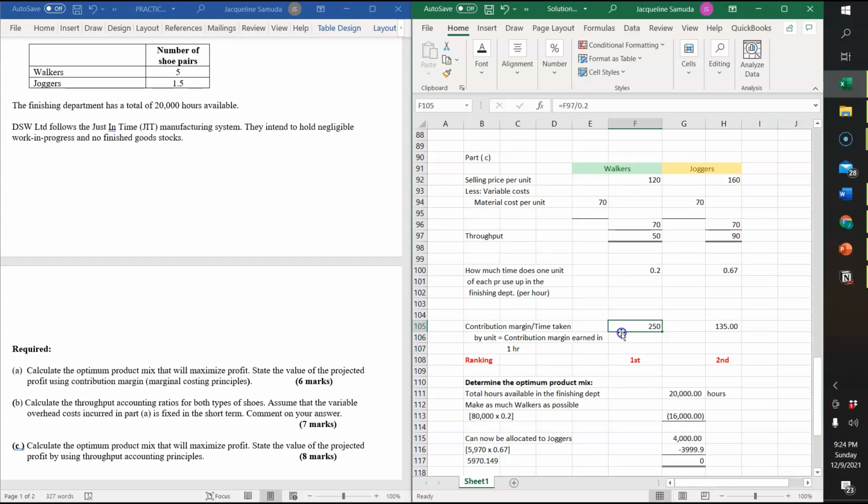Now, because we changed the throughput, we ended up with a throughput earned per hour that is different from the contribution margin earned per hour. Let's change this out.